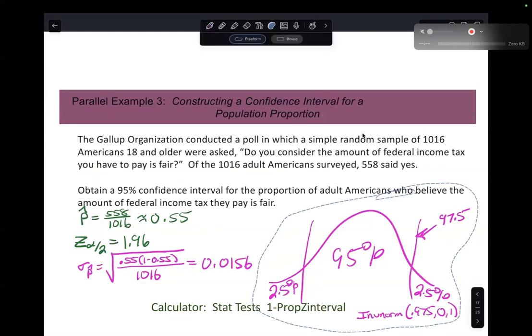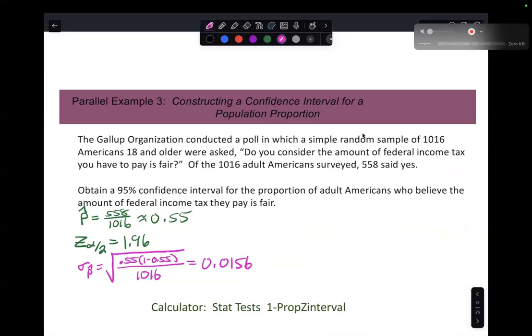Let me get rid of this. Okay. Now, what we're looking for is p hat plus margin of error and p hat minus margin of error. This is our goal. I still need to calculate the margin of error. So for my margin of error, I'm going to go down below. I have room.